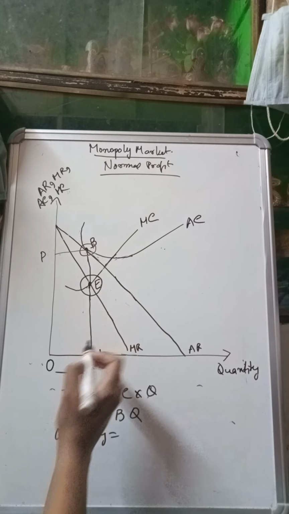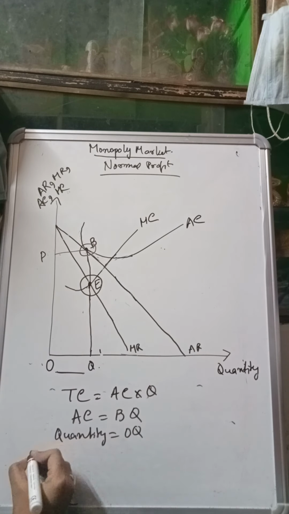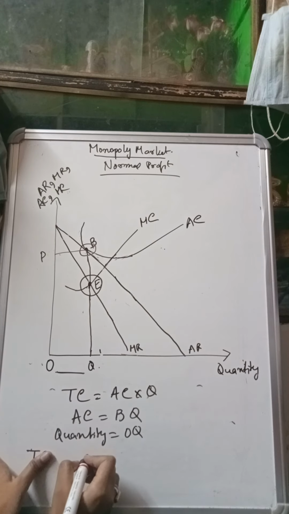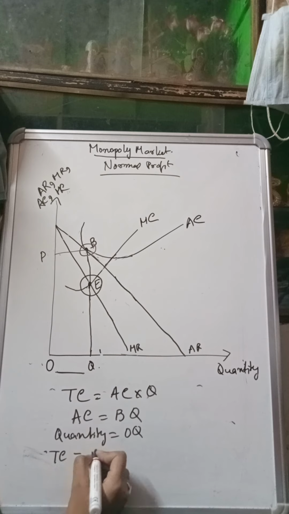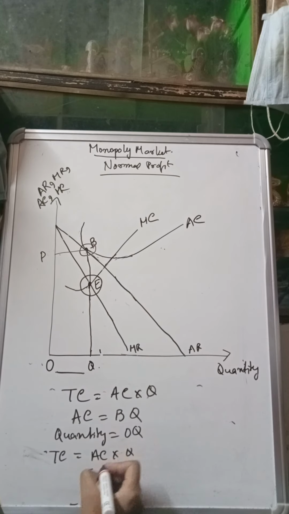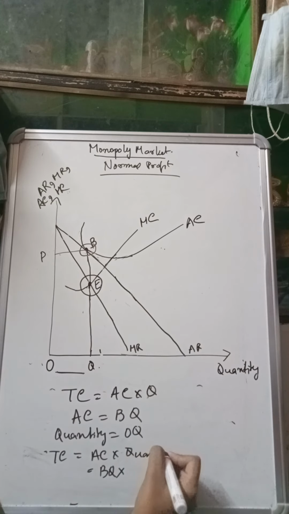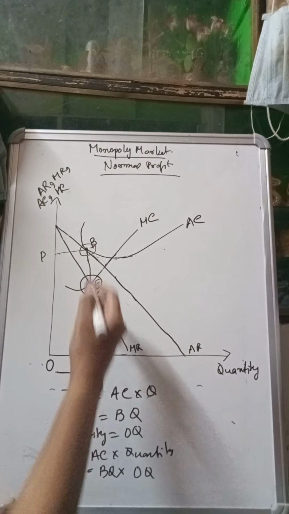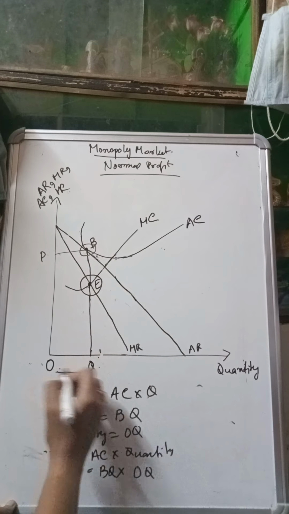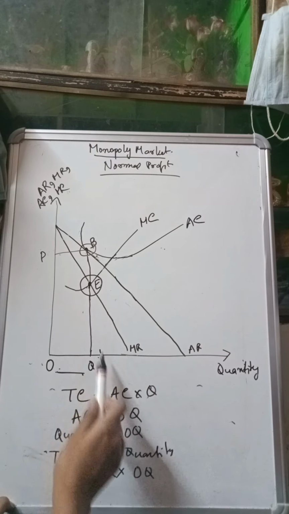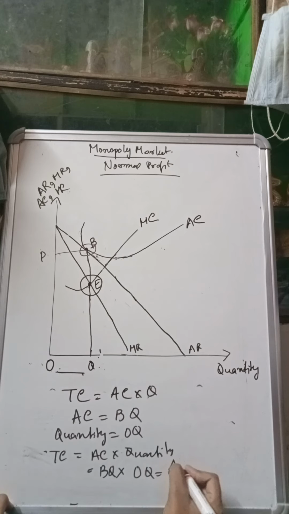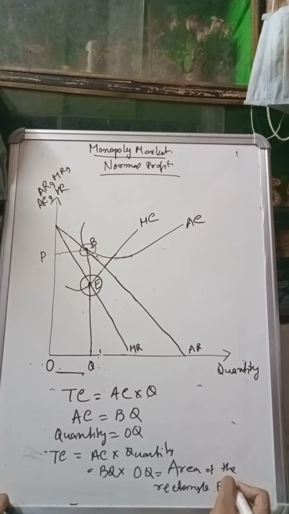Corresponding to BQ, my quantity is OQ. So BQ into OQ will give us nothing but the area of the rectangle PBQO, right? So we have got the total cost.